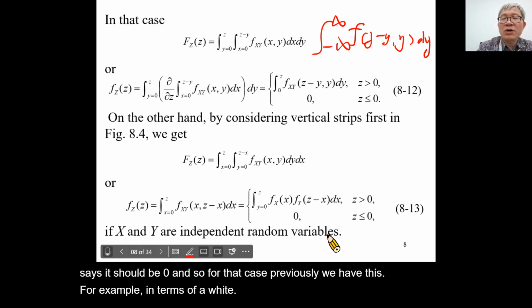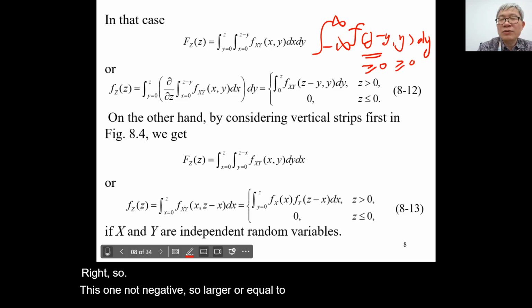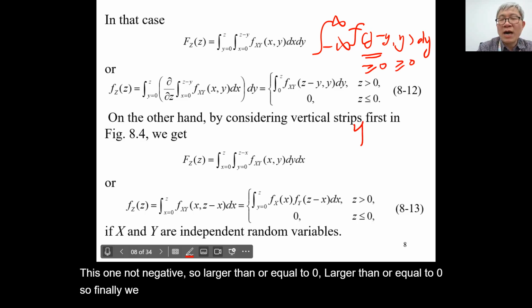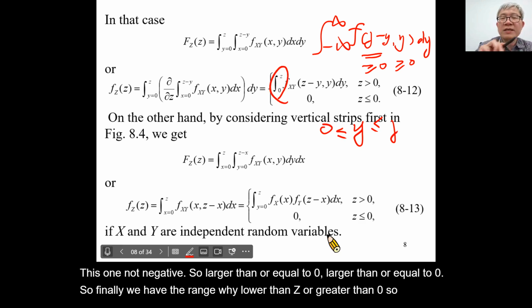This one is non-negative, so larger than or equal to 0, larger than or equal to 0. So finally, we have the range for y lower than 0 or greater than 0. So that's why we have this.